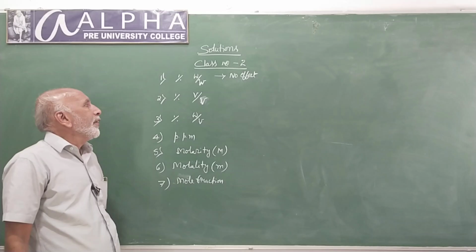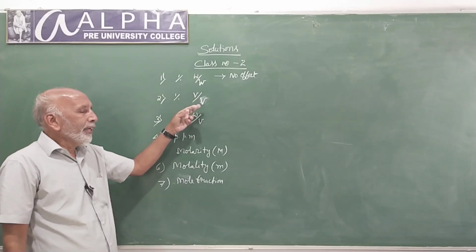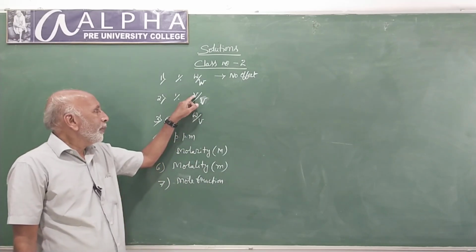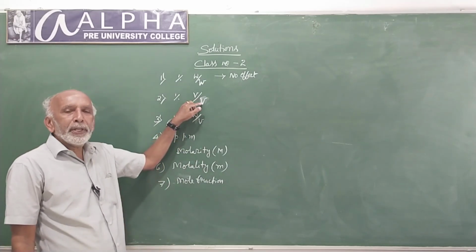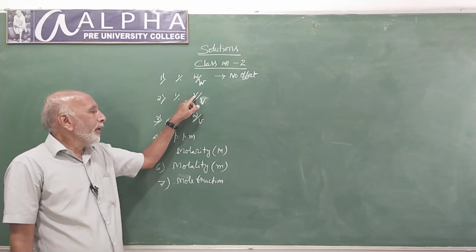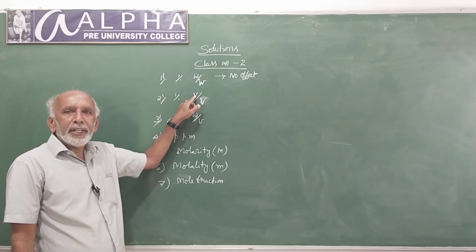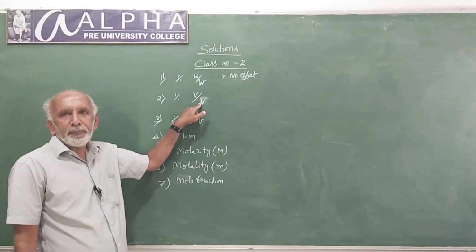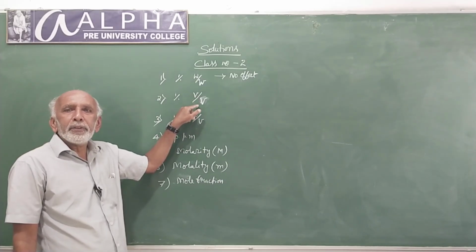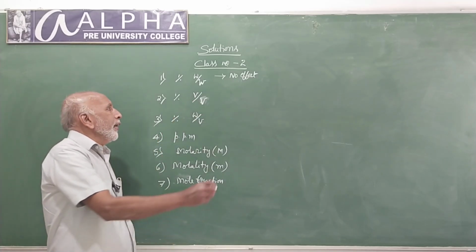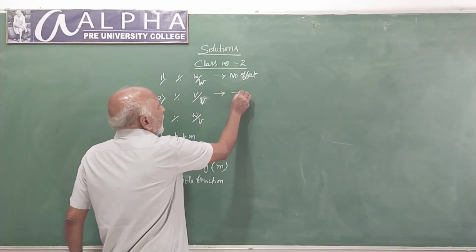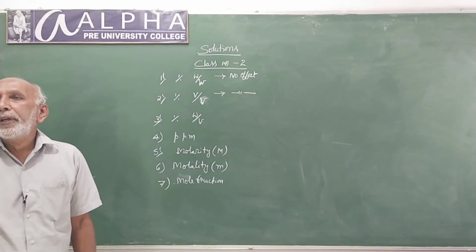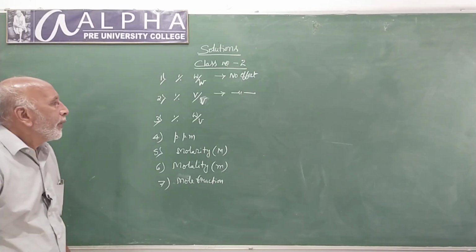Next, volume by volume. Here also, in the numerator there is a volume term, that is the volume of the solute or given component, and in the denominator the volume of solution. Here also the change cancels, so there is no effect on the percentage volume composition.